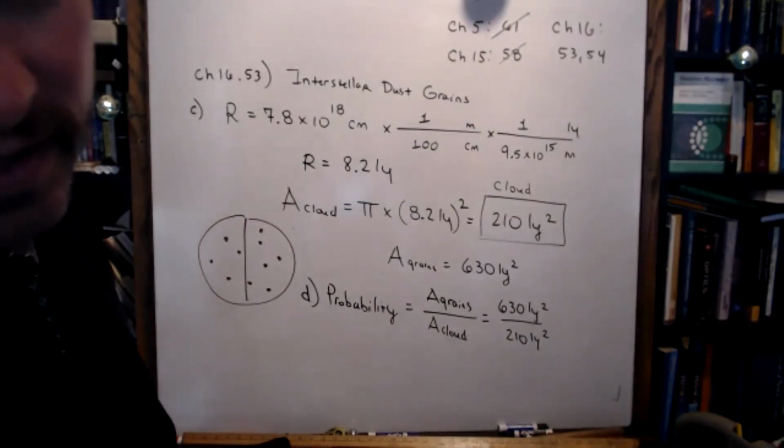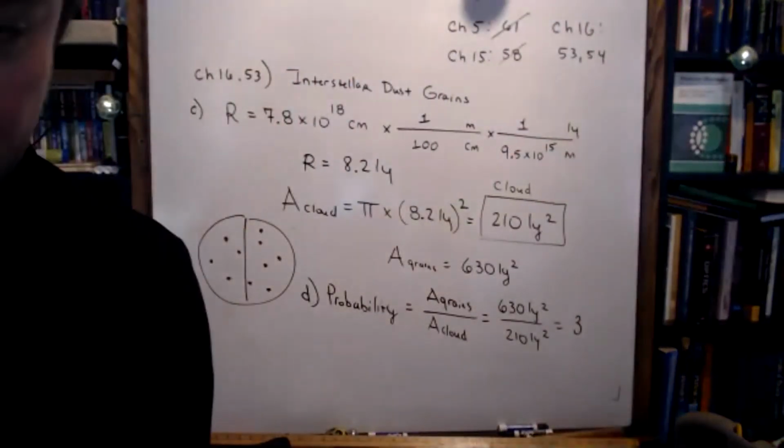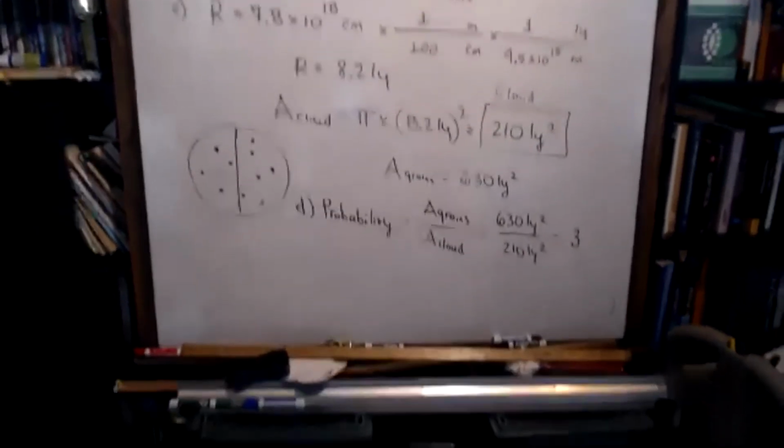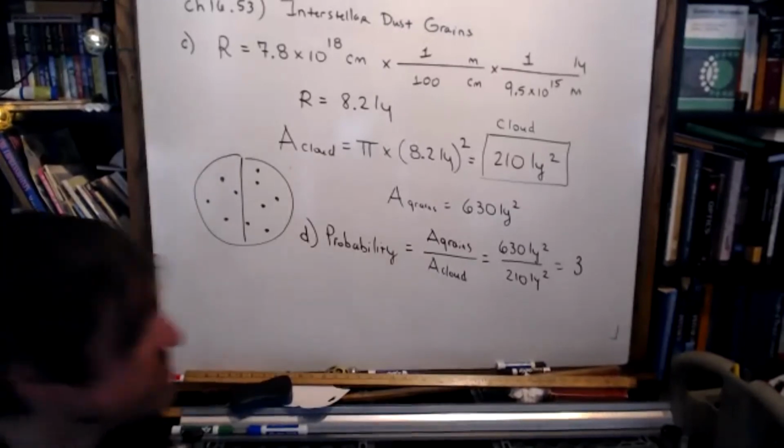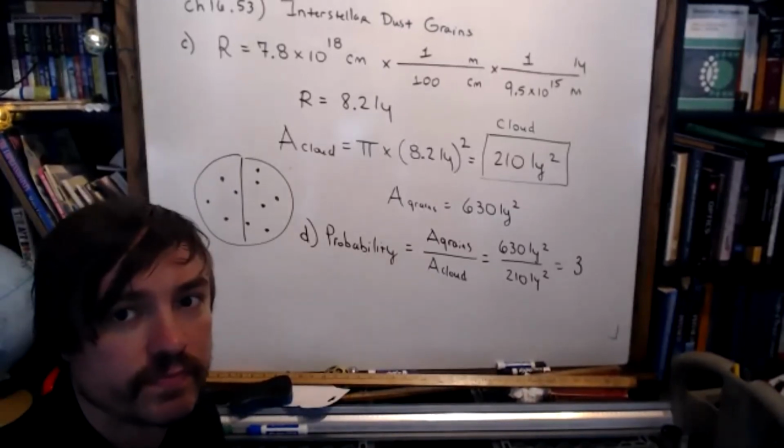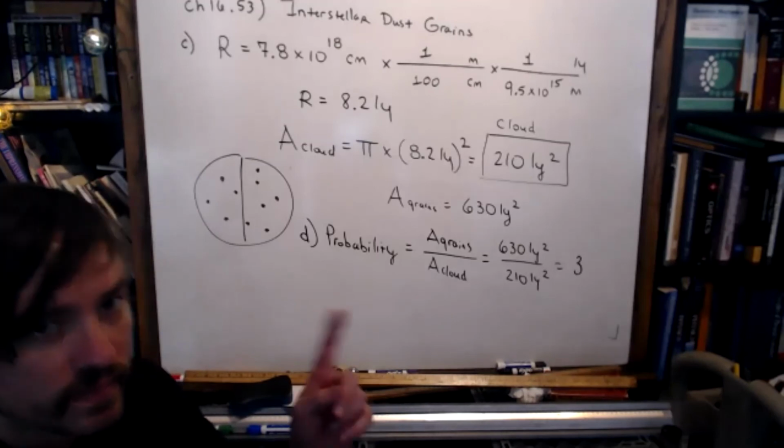Holy shit. Exactly 3. That was cool. What is the meaning of 3? Can you tell me what a probability of 3 means? 1 out of every 3. No. That would be 33%, Kaitlyn.